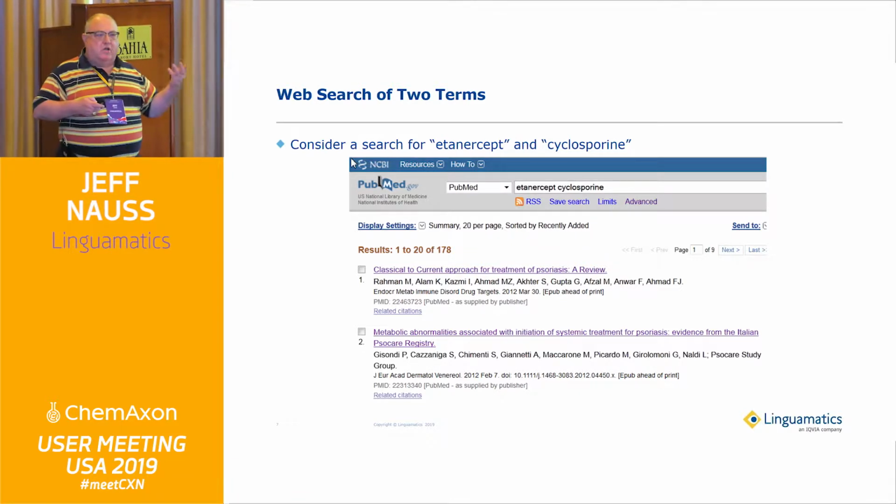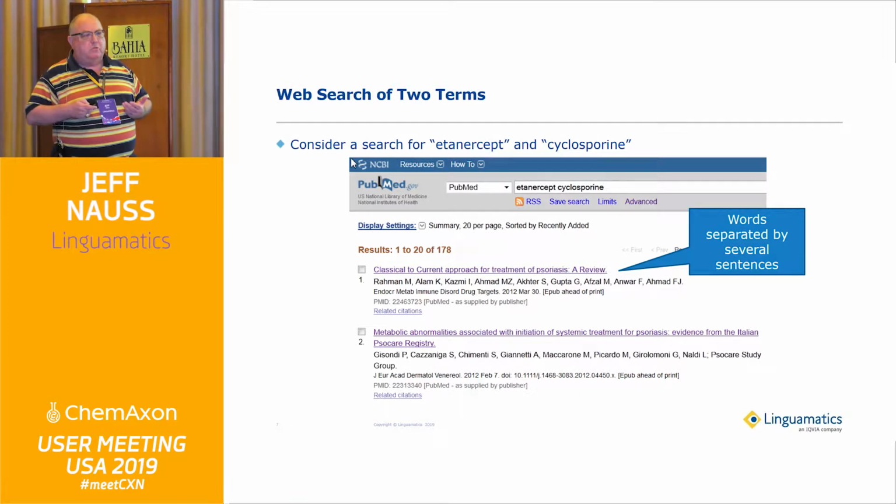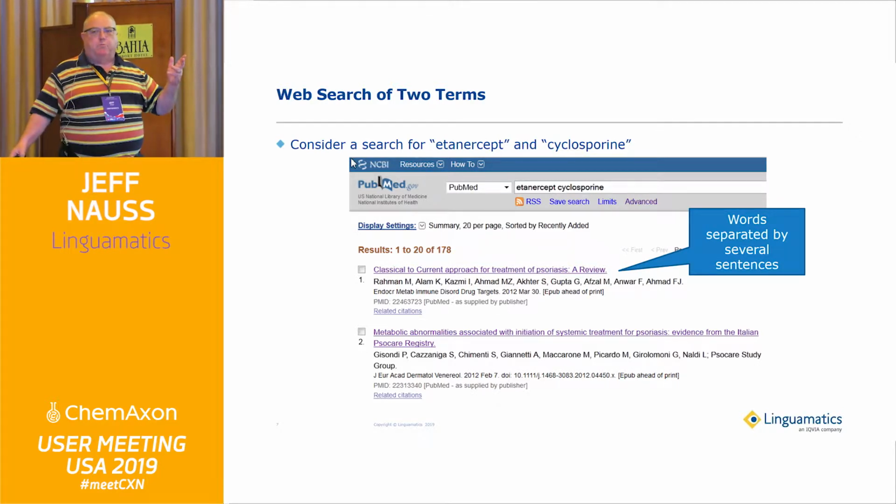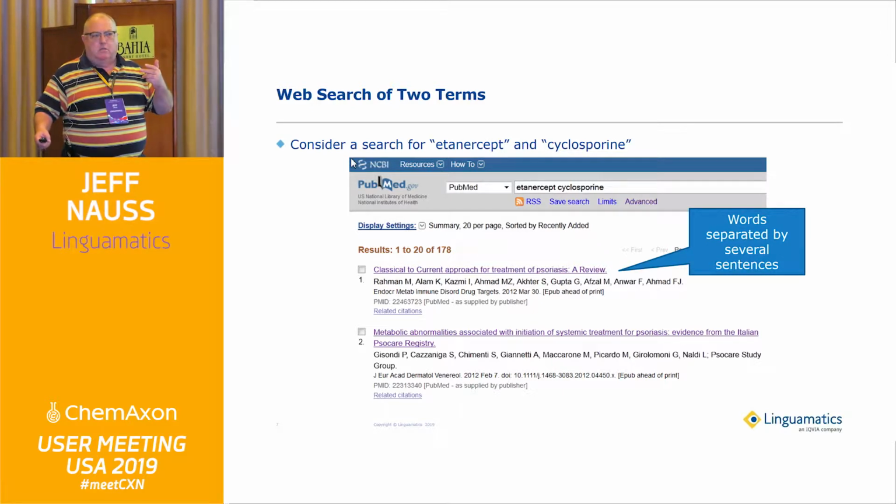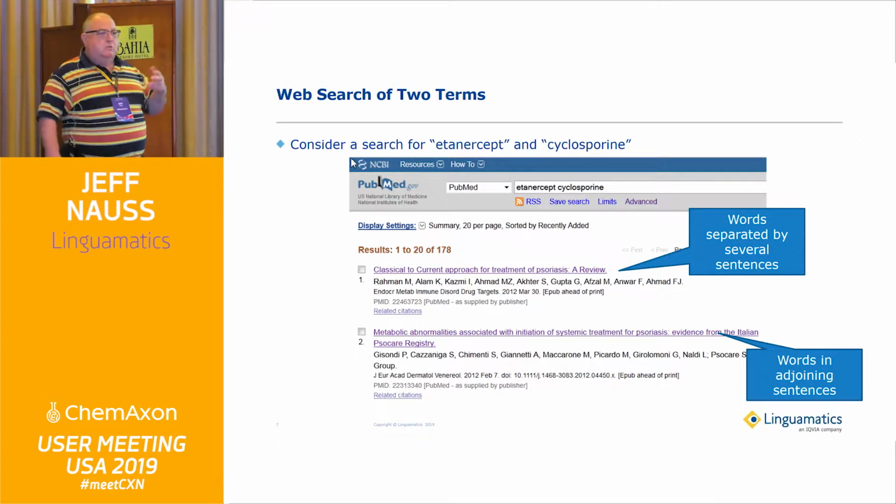And when you look inside the document, that first document is going to say etanercept and cyclosporin in very different parts of the abstract. So to be able to say that they're closely related, even though they're in the same document, maybe. The second document there, the two words are in adjoining sentences. Okay, the distance between them is a little bit better.